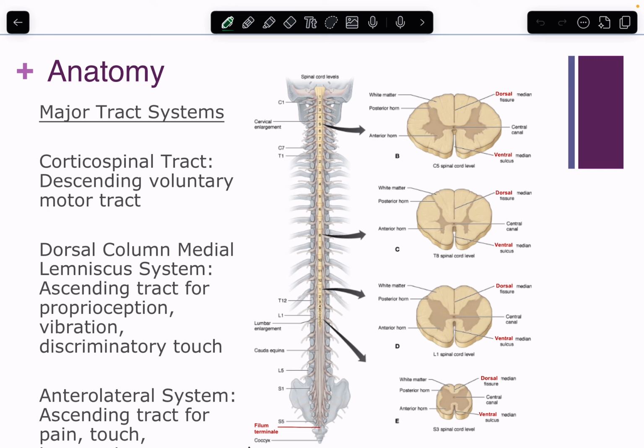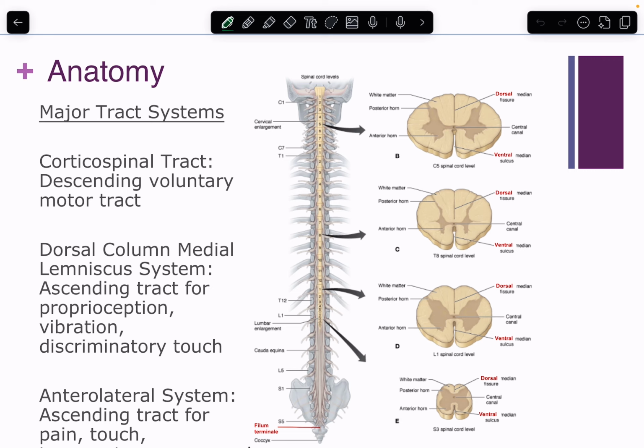And then it synapses in the medulla. Okay, so here in the medulla, the information then crosses to the opposite side of the brainstem in the medial lemniscus pathway, and then it ascends to your thalamus, which is the relay station, right? Before it actually reaches the primary somatosensory cortex.